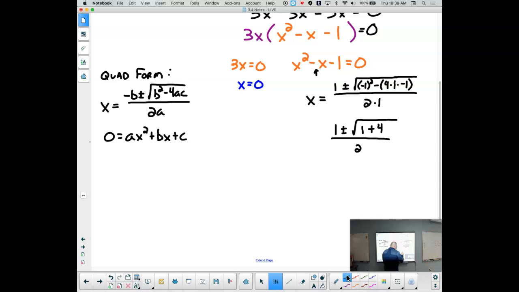So we would get here that x then is equal to 1 plus or minus the square root of 5 all over 2.